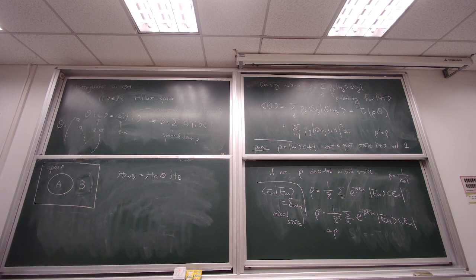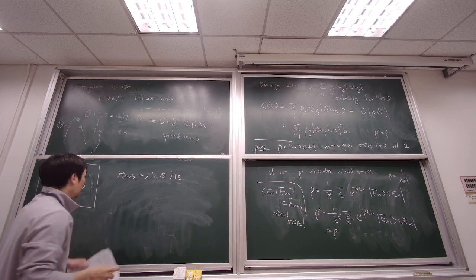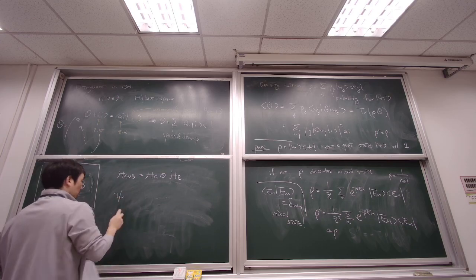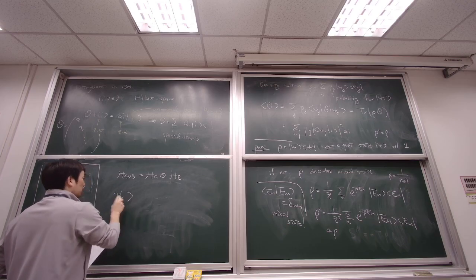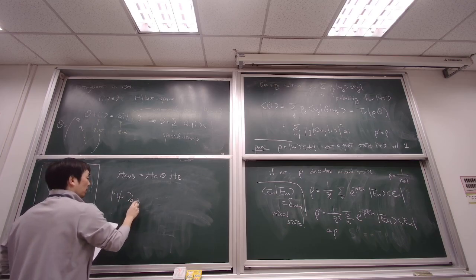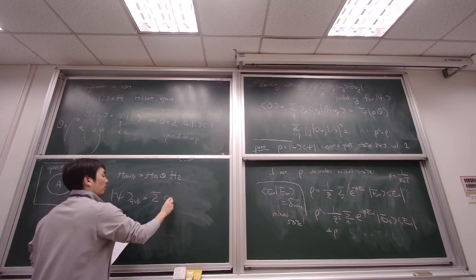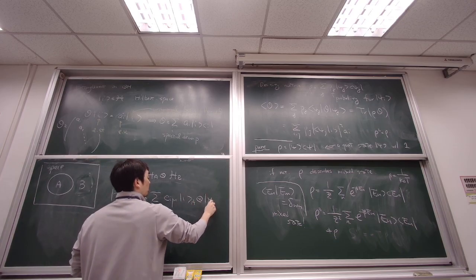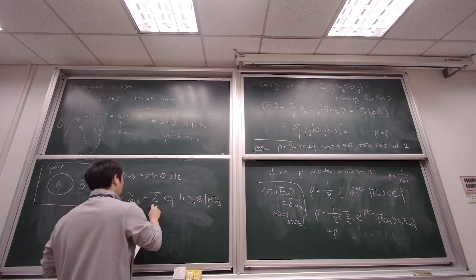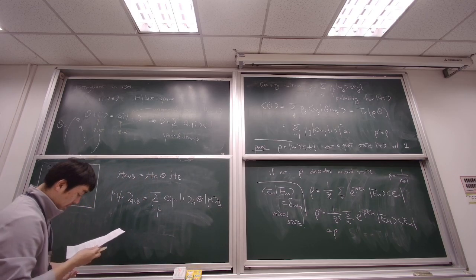Then suppose the total Hilbert space is decomposed like this. Then I think we can write down psi of the system A, B as something like sum of C_{i mu} |i>_A tensor product |mu>_B, this way, with i and mu.